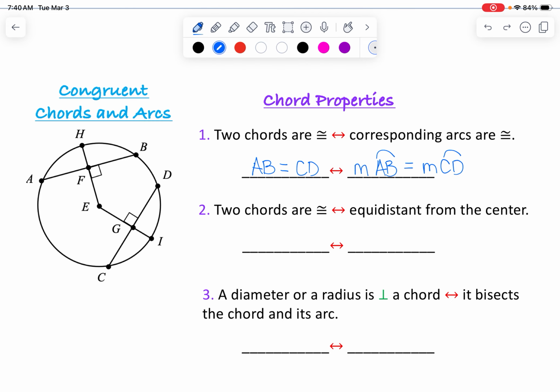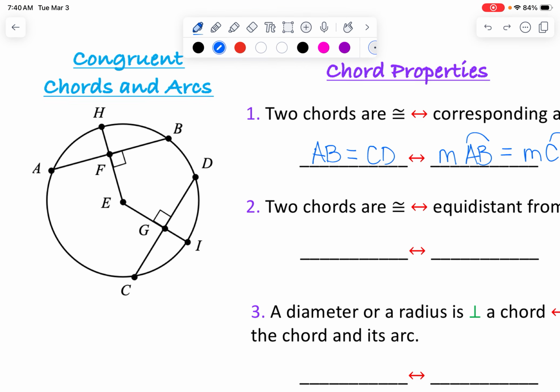Okay, the next one says two chords are congruent if and only if they are equidistant from the center. In other words, the same distance from the center. So in this, we'll go back to our highlighter maybe.